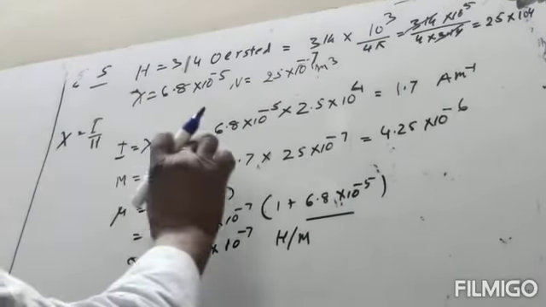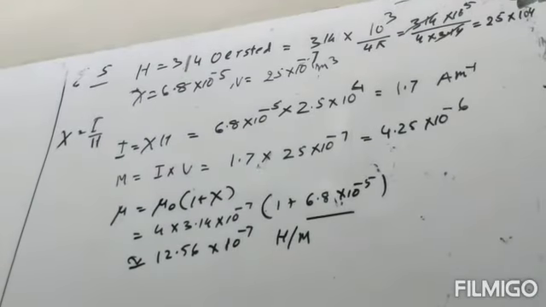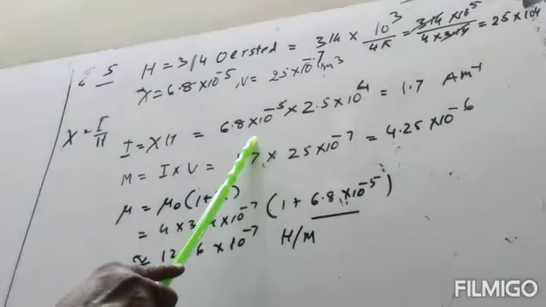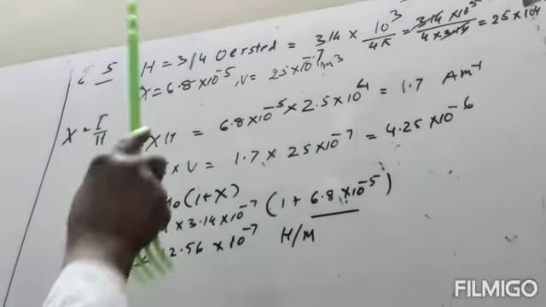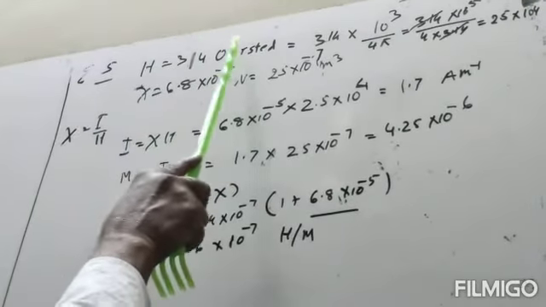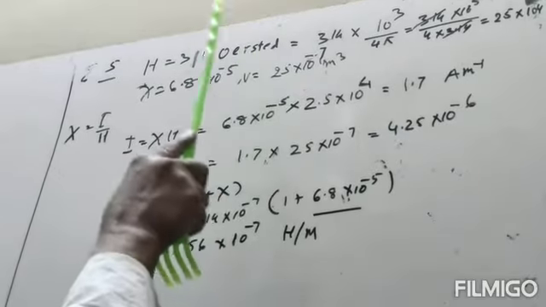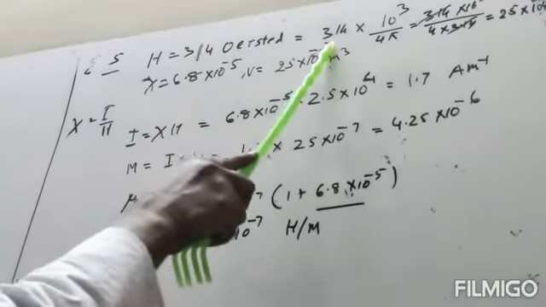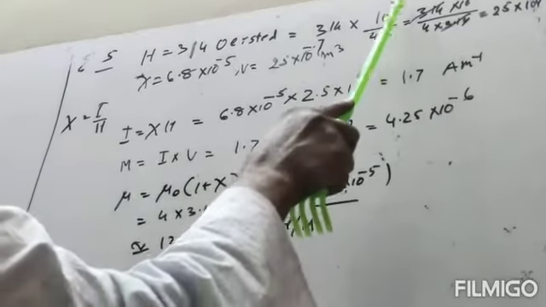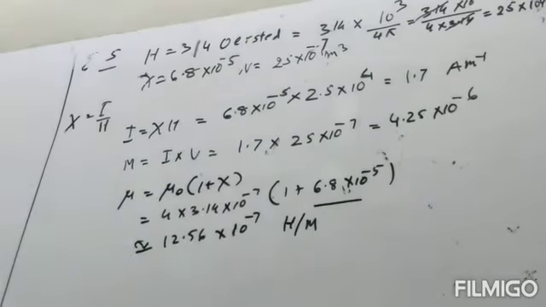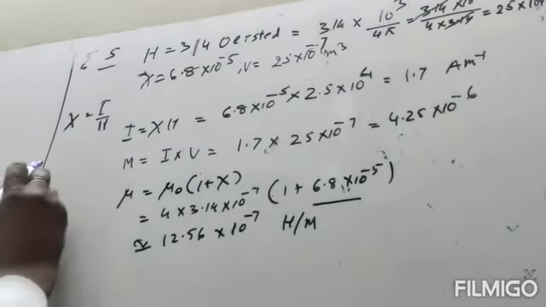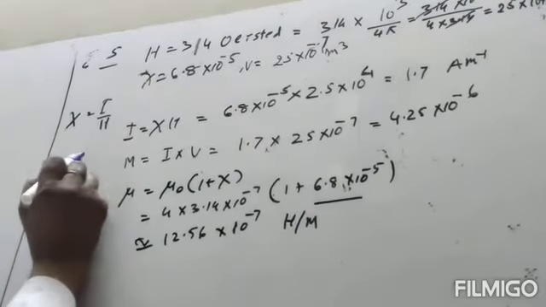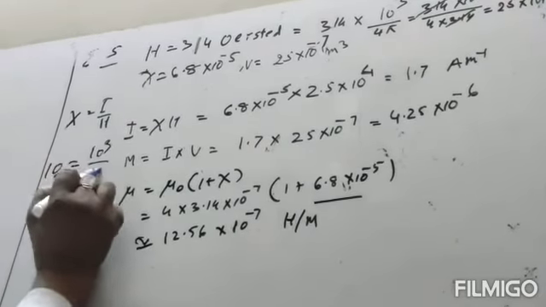Now we know the value of chi is equal to 6.8 into 10 raised to minus 5. And we have to find H. Now the value of H is given in Oersted. Now we will convert the Oersted into ampere per meter. So we have 314 multiplied by 10 raised to 3 divided by 4 pi. 1 Oersted is equal to 10 raised to 3 by 4 pi.